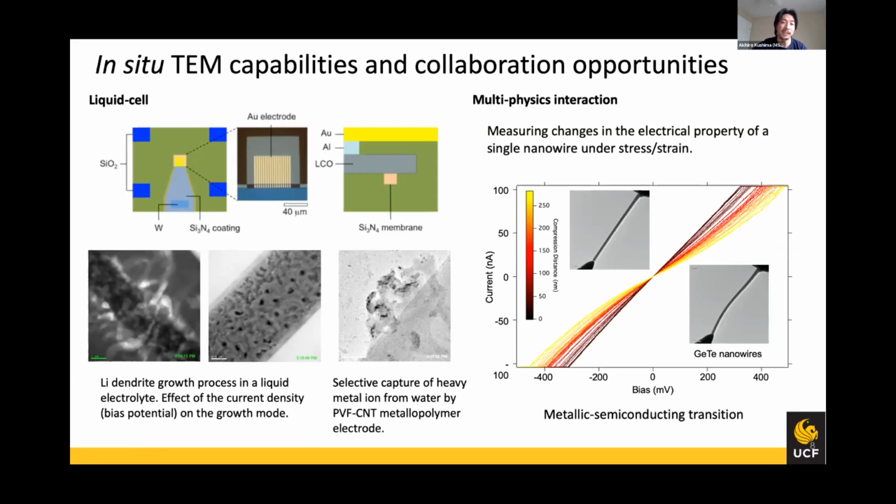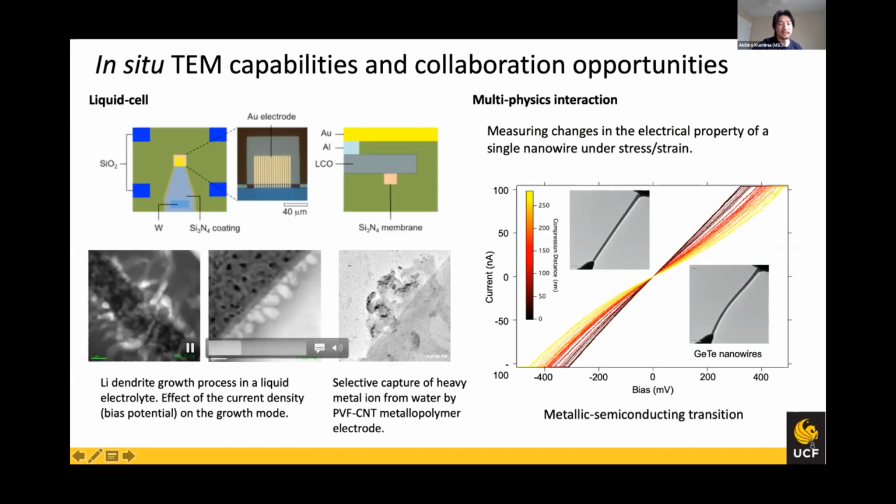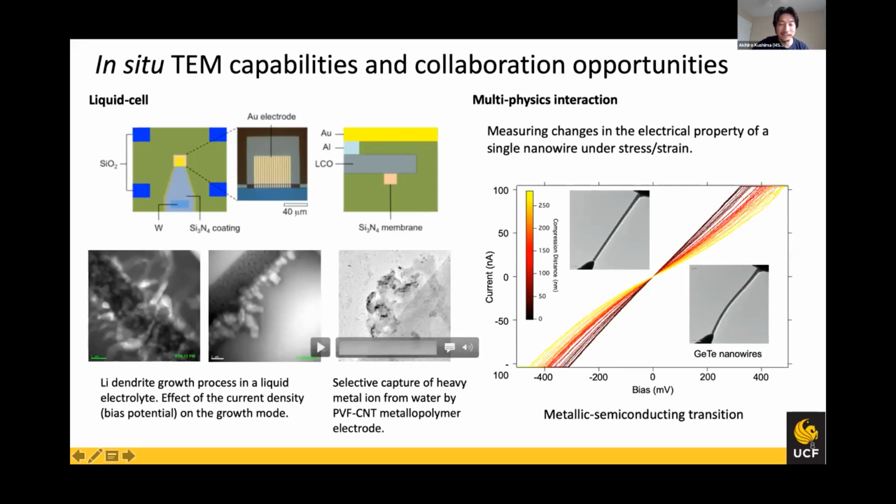But with this very thin liquid confining cell, you can trap the liquid and observe the actual electrochemistry happening in the liquid. And you can see the dendrite growth mechanism is different when you apply different overpotentials or current densities.